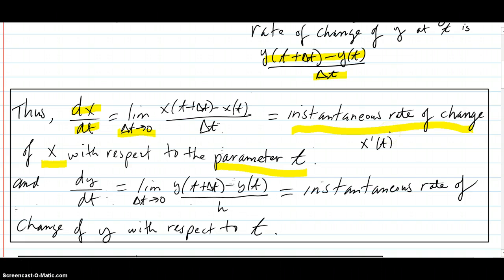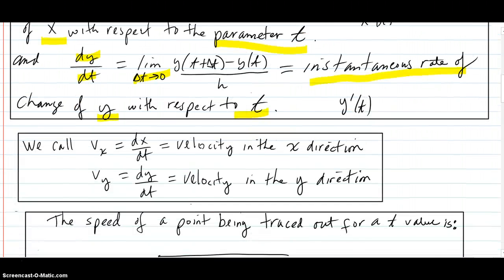You can interchange that. Also, we have dy/dt equaling that limit as delta t goes to 0, the instantaneous rate of change of y with respect to t, and we could also write that as y prime of t. Then we continue on.